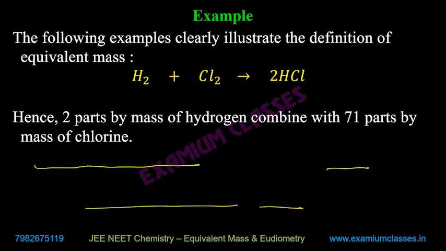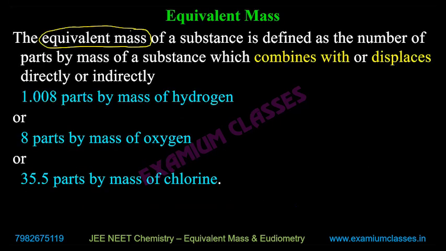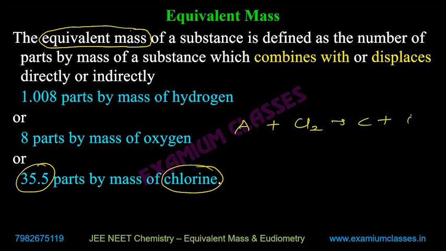So if you see, I'm going back, 35.5 parts of chlorine. So suppose I have another reaction, A plus Cl2 gives you C plus D. Okay. And say 142 grams of A combines with 71 grams of chlorine. So in that case, to calculate the equivalent mass of A, we will bring it to 35.5.